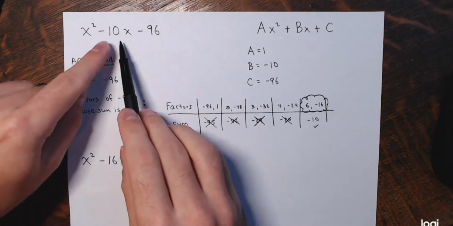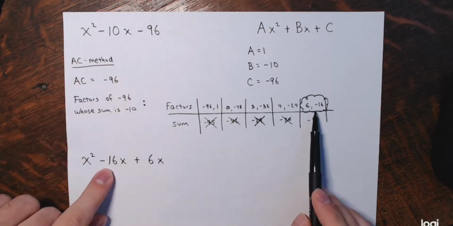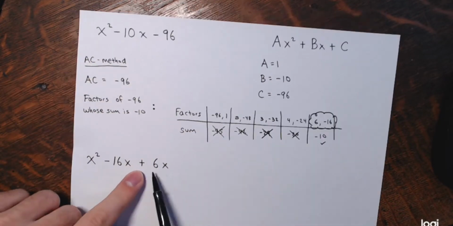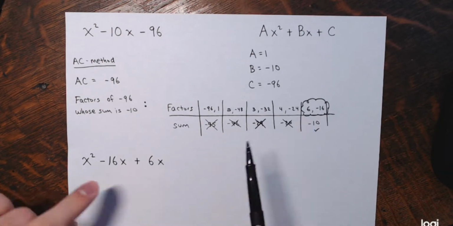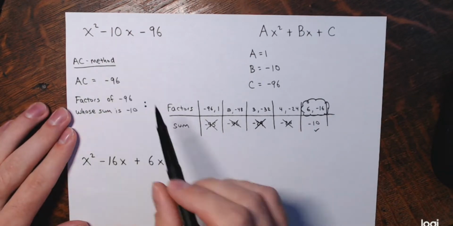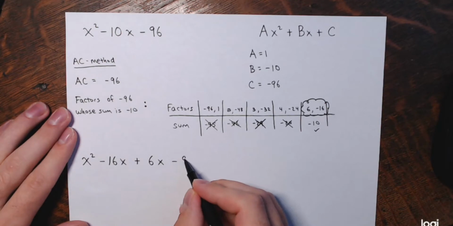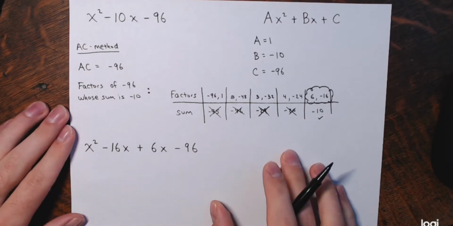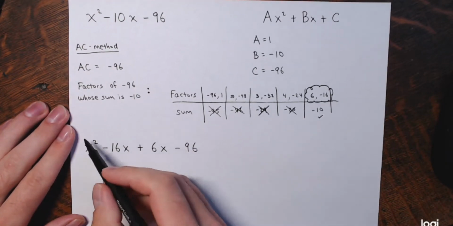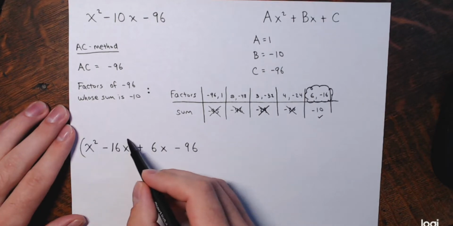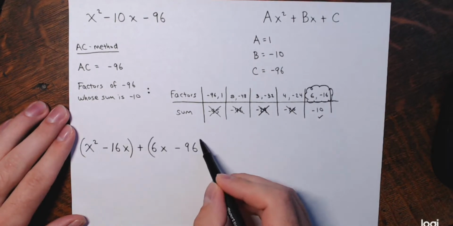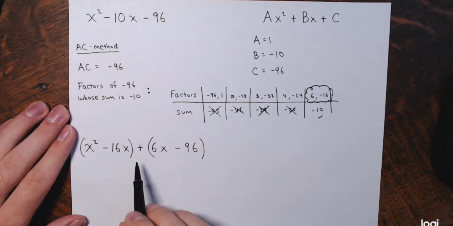All right, rewriting the middle term with these two numbers, minus 16 and positive 6. Right. And these make up negative 10x when you combine them. And then you have minus 96 at the end. All right, now we're factoring by grouping. So remember, the first two in a group plus the second two in a group. That's kind of why I wrote the positive 6 second, so I could just put the groups in.